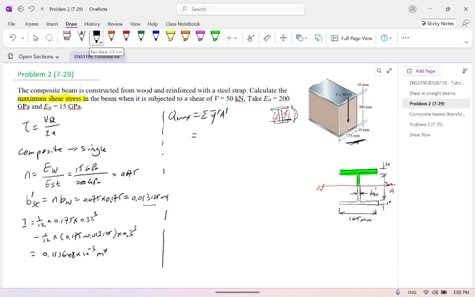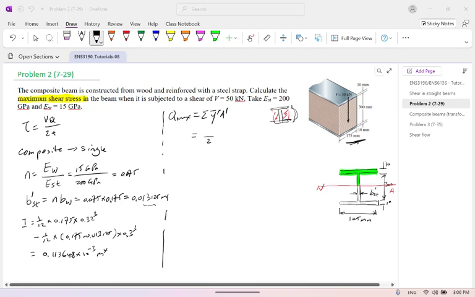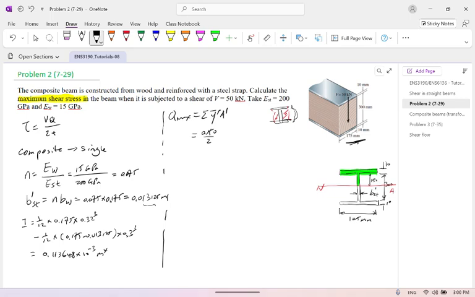So y bar for this structure is half of the 300, so 150, that is 0.150, because half of 300 is 150.